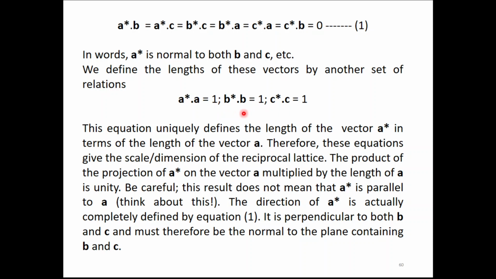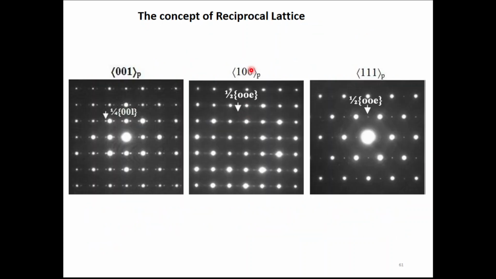Now let's push this topic forward, and we can now see electron diffraction patterns. These are the patterns that were obtained at the University of Sheffield, United Kingdom. This electron diffraction pattern was taken along the direction 0, 0, 1, and this symbol means that we have a family of directions.